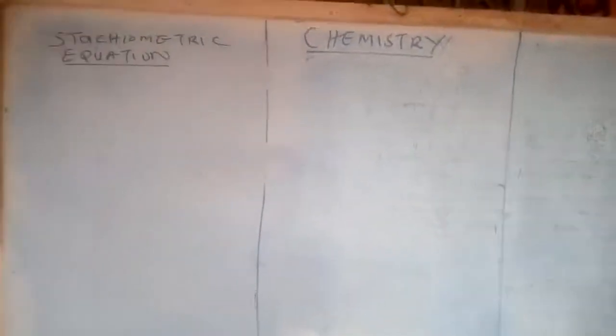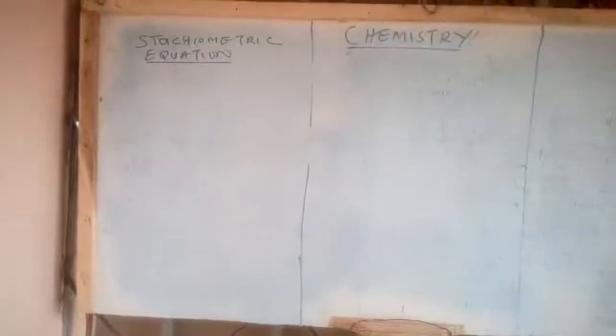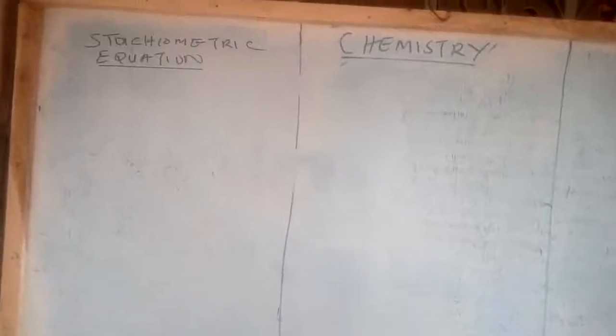And these points are based on solubility of salt. And I think you covered this in book 2, that is Form 2. And as far as the point number 1 on solubility of salt is concerned, the first point highlights that all nitrate salts are soluble.